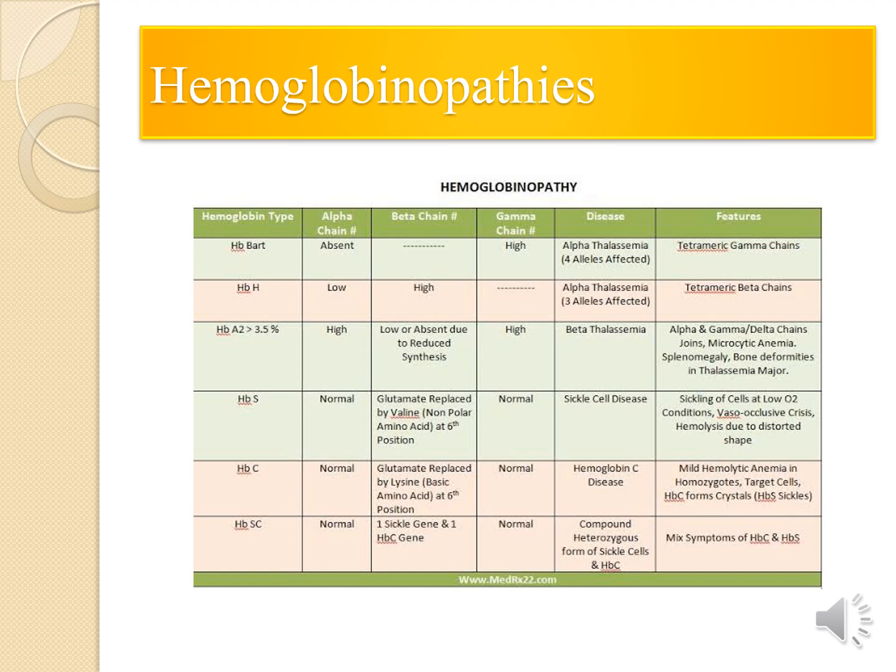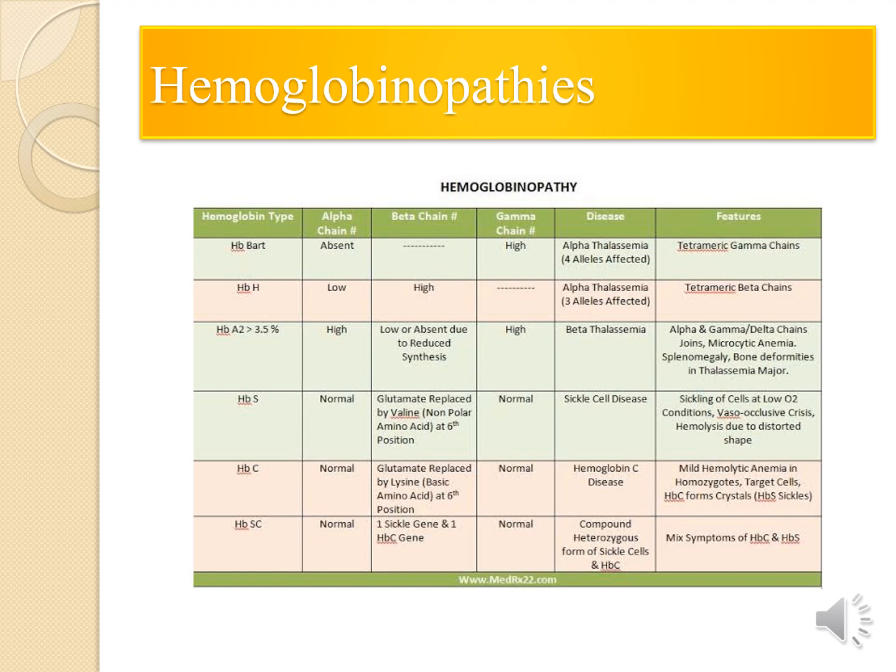For example, HbS is the hemoglobin type particularly prone to sickle cell disease, and the features are sickling of cells at low oxygen conditions, vaso-occlusive crisis, hemolysis due to distorted shape, etc.